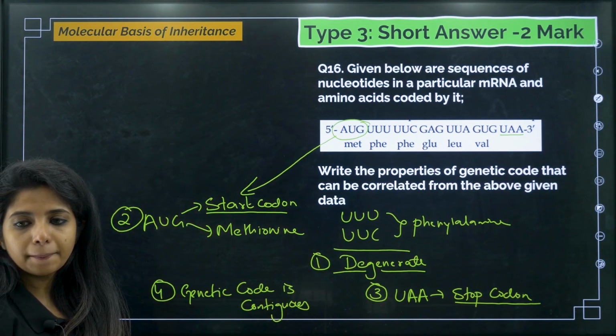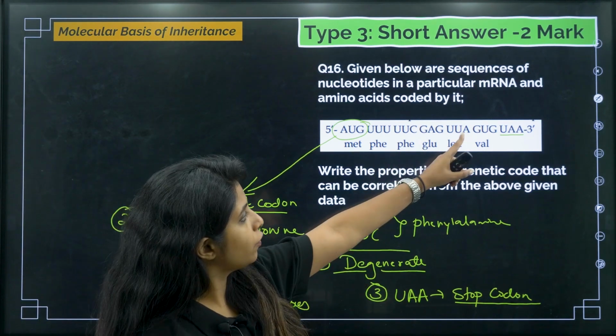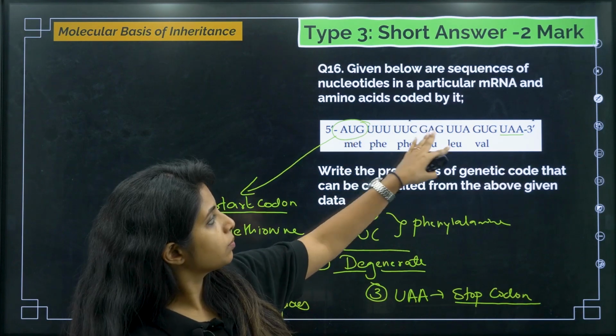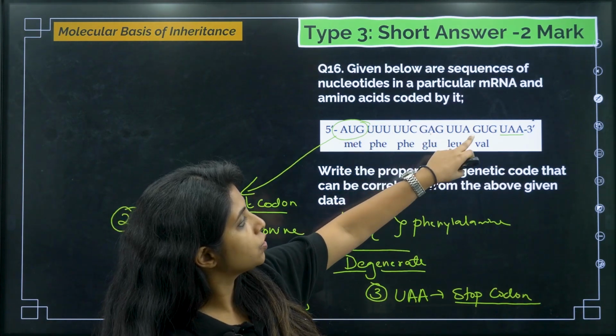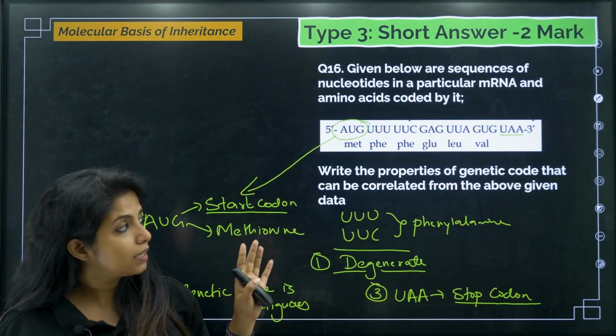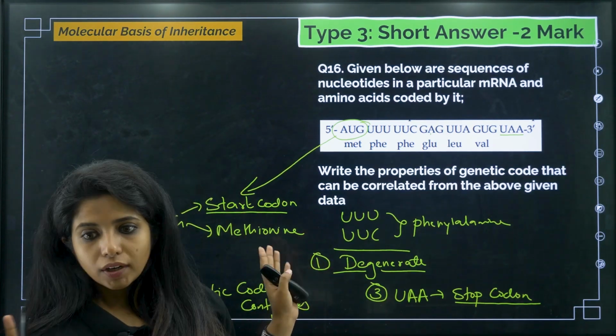Works? Yeah? And do you see that GAG is coding for something else over here? GUG or GAG, is it coding for something else over here? GAG is for glutamic acid, GUG is for valine. Everything is same. So can I say it's unambiguous? It's not ambiguous.